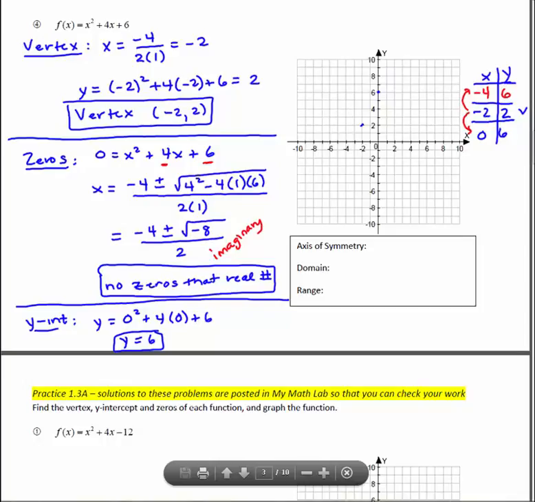You could plug that negative 4 into the original function to check, but I'm going to tell you that it does work out. So let's plot that one new point, negative 4, 6, about there. And that now at least gives me enough information I can start seeing that U shape, and I can draw my parabola a little bit better.